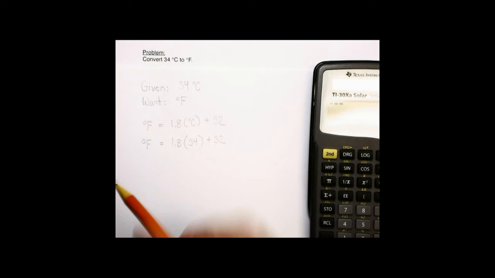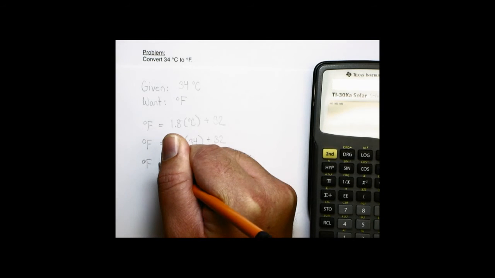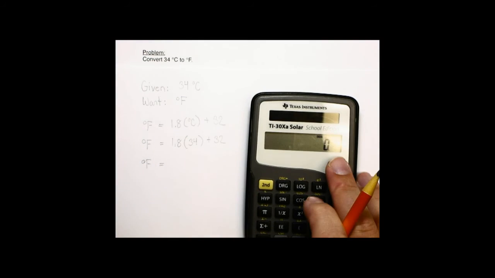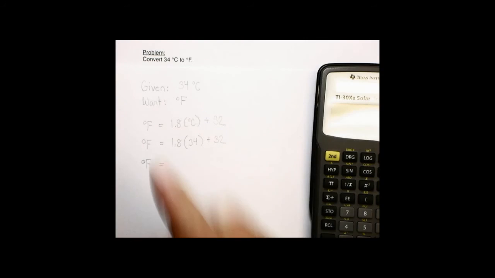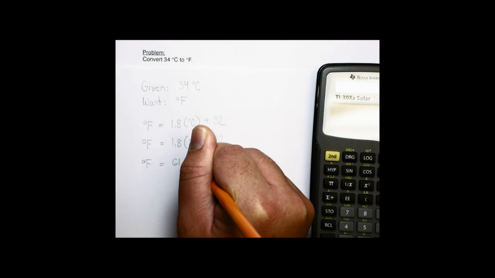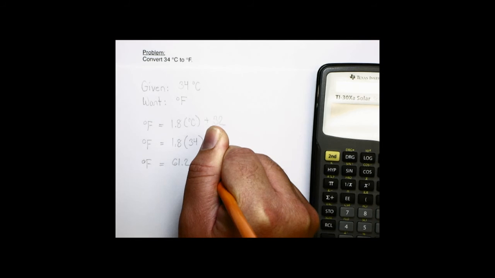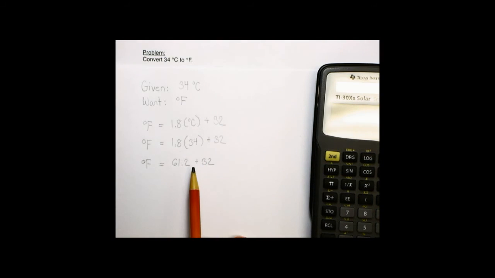So, we continue working. Our temperature in degrees Fahrenheit is going to be 1.8 times 34, 61.2 plus 32. Notice I didn't go ahead and do all that in one step.